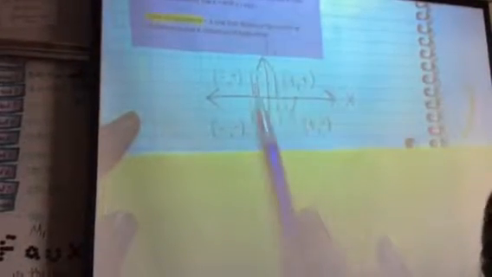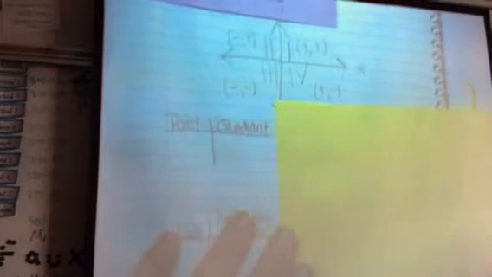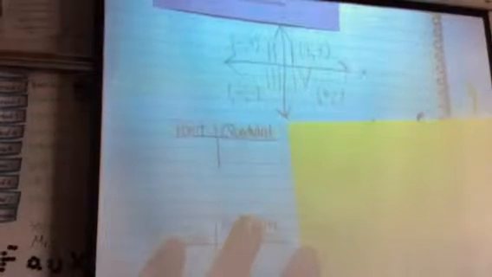Okay. So these are the quadrants. We have quadrant 1, 2, 3, and quadrant 4. Today in your assignment, you are going to be given points to write down. So, for example, I have point negative 2.5 and positive 3.